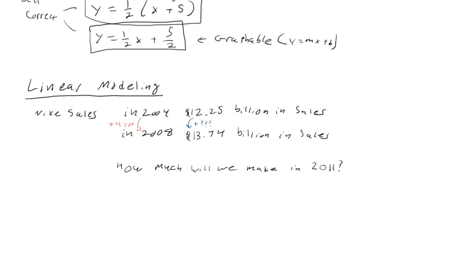What we really have here, these data points are not just random numbers. These are coordinates. You can think of these as coordinate points. 2008, 13.74, and 2004, 12.25. These are points. This is our x, and this is our y.